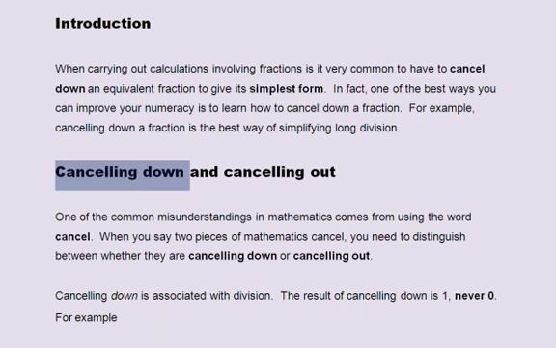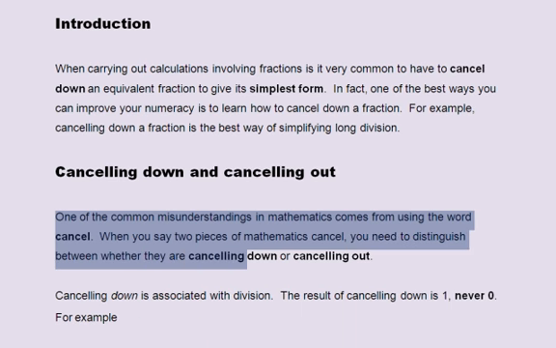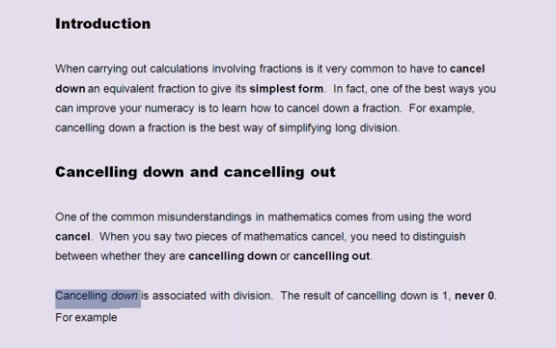Cancelling down and cancelling out. One of the common misunderstandings in mathematics comes from using the word cancel. When you say two pieces of mathematics cancel, you need to distinguish between whether they are cancelling down or cancelling out. Cancelling down is associated with division.